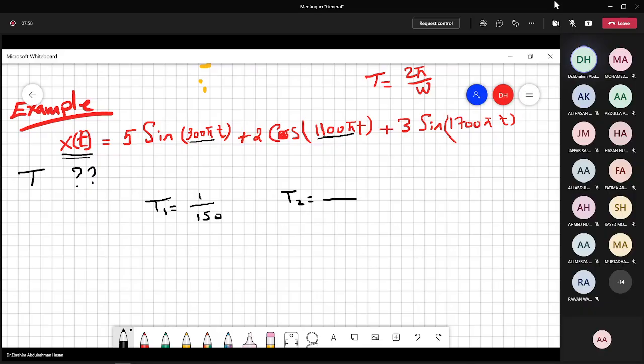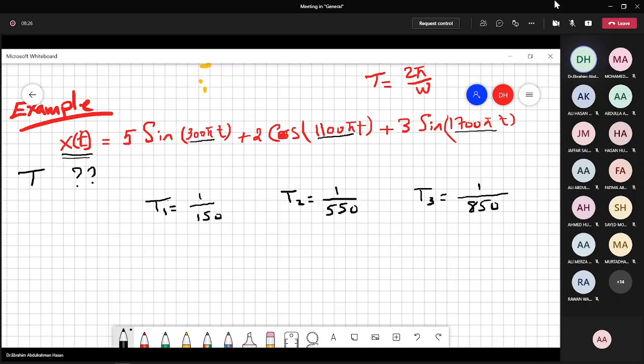Pi cancels with pi, so 2 divided by 1100 is equal to 1 over 550. And T3 equals, again, 2 pi divided by 1700 pi, so it is 1 over 850.